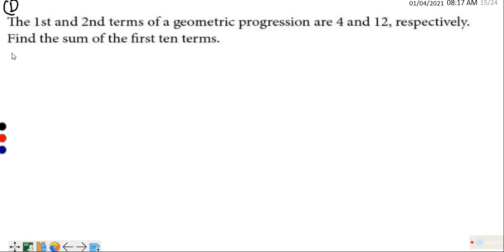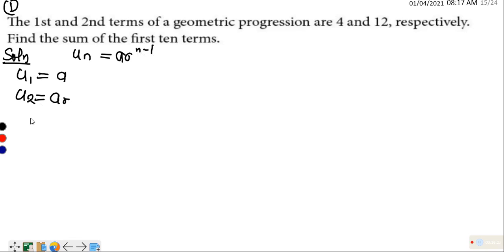Okay, so from the statement we have here, u1 equals a and u2 equals ar, and of course, we generate this from un, the nth term, which is ar raised to the power n minus 1.